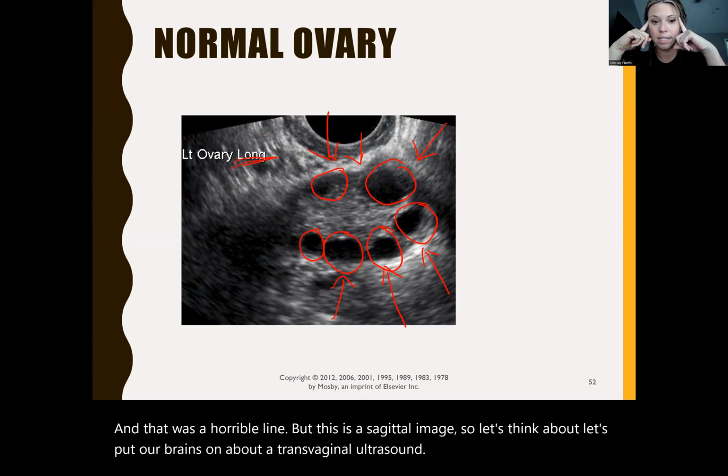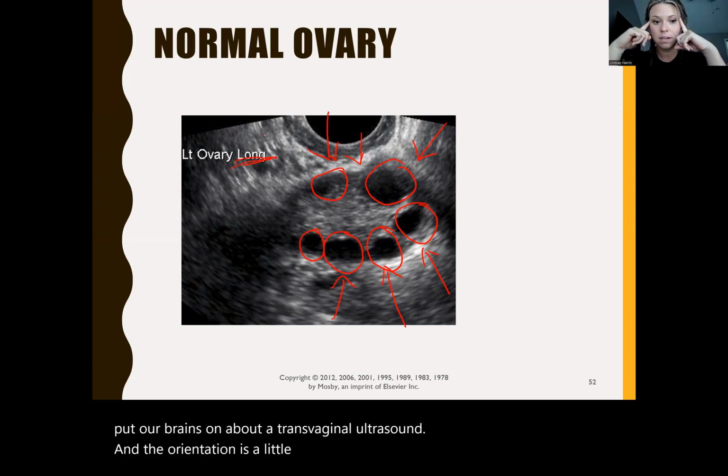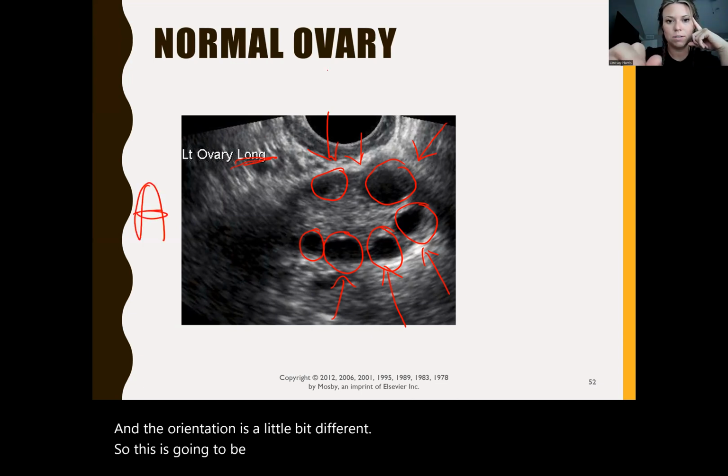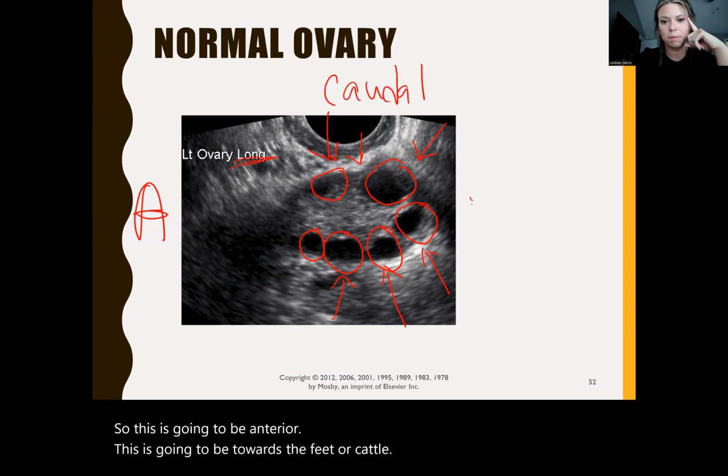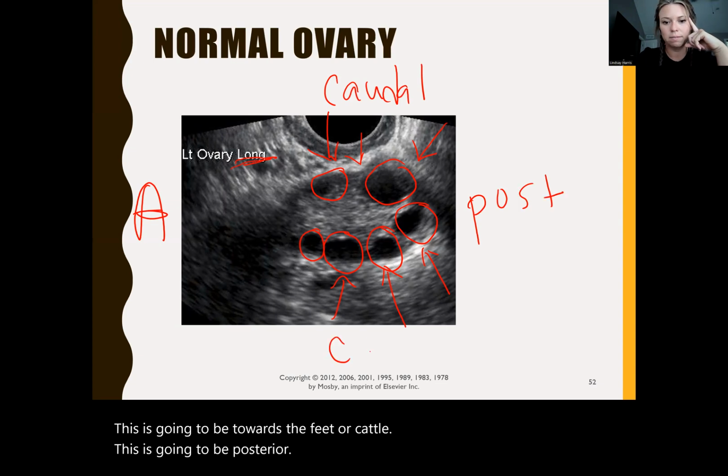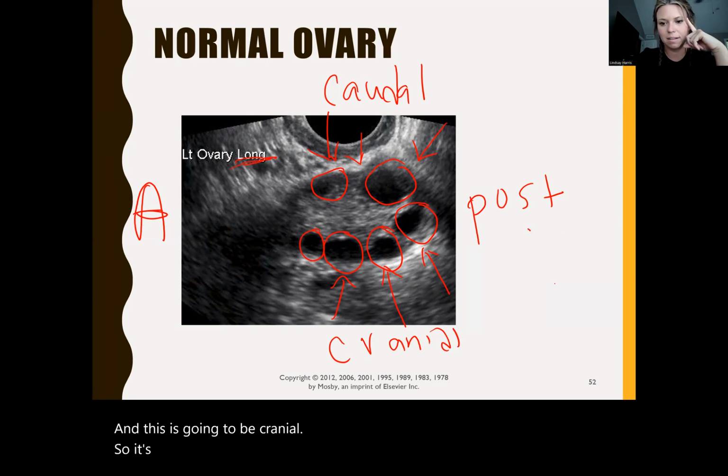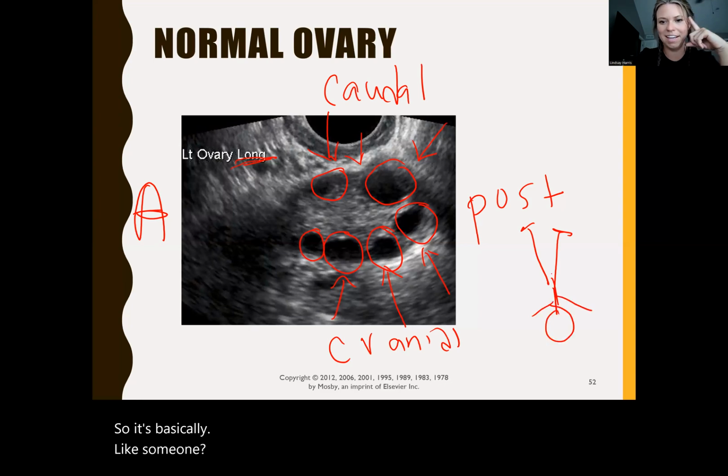And the orientation is a little bit different. So this is going to be anterior. This is going to be towards the feet, or caudal. This is going to be posterior. And this is going to be cranial. So it's basically like someone is laying on their head like that.